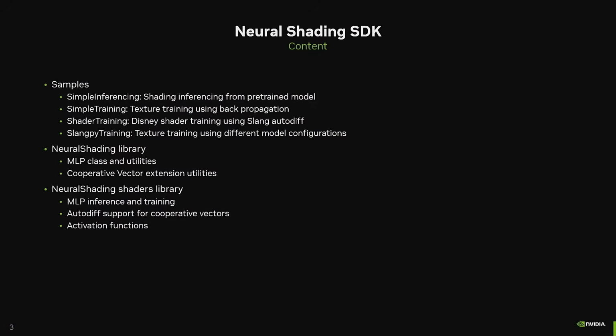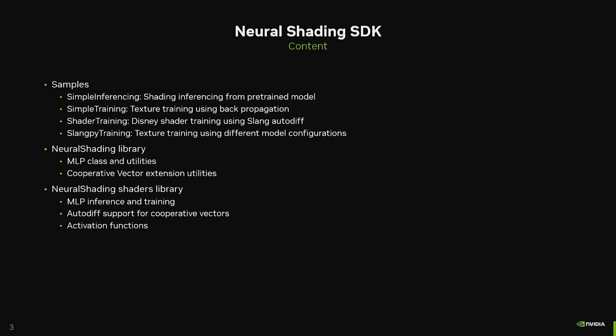First of all, the neural shading SDK is a part of the NVIDIA RTX Kit that was released recently, and it includes just 4 samples. We're trying to organize those samples so it goes from easy to more complex topics.